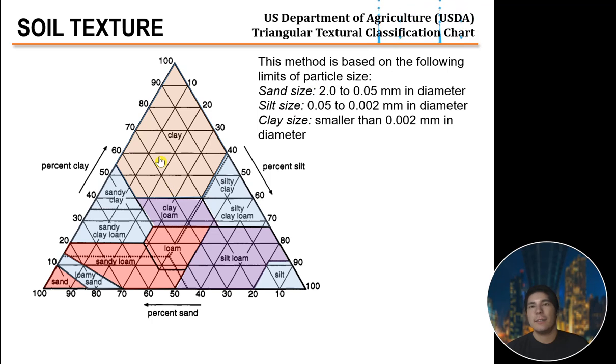So this method is based on the following limits of particle size: the sand is around 2 to 0.05 mm in diameter. The silt is around 0.05 to 0.002 mm in diameter. And the clay size is less than 0.002 mm in diameter.